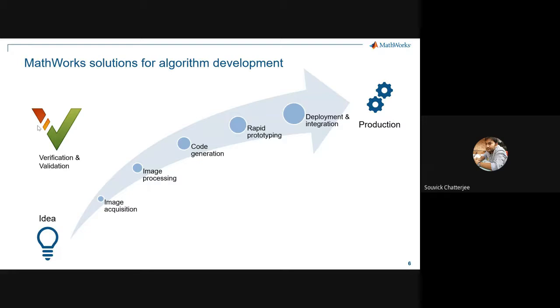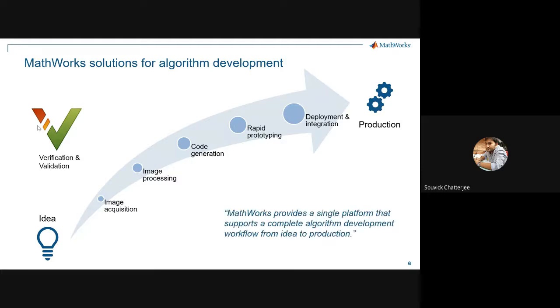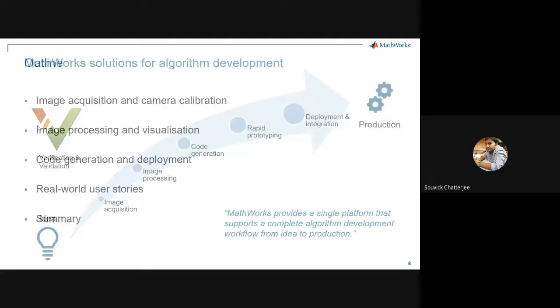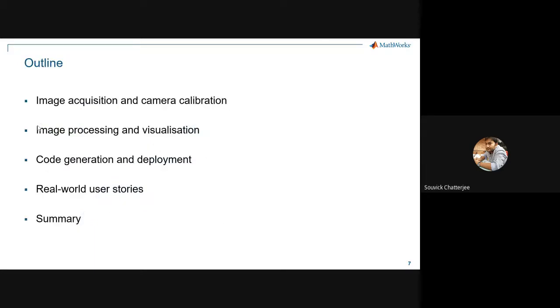It's not like we do one step and then the other step. That's what is good from idea to production, which helps in making things faster. So these are the steps, right? The image acquisition, where we get the image from somewhere, the processing part, the code generation, and these are the things which we will talk about.